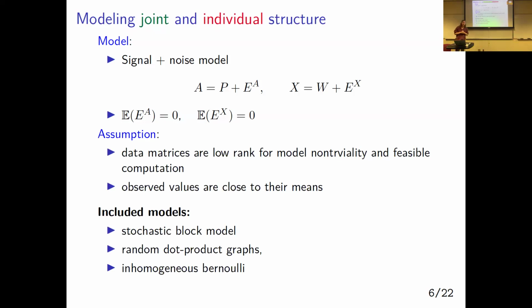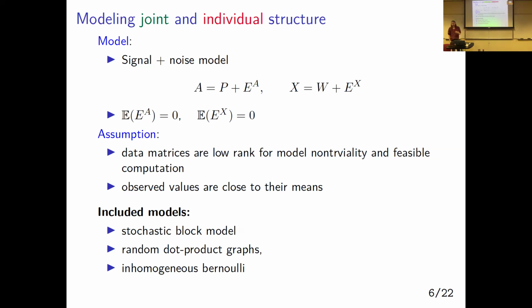We need to assume that these mean matrices are low rank, to avoid some trivial cases and for computation to be feasible. Also, we need the observed values to be close to their means. I'll say more about that a little later, but these are both pretty standard requirements.